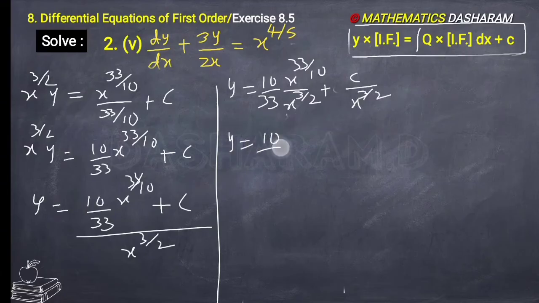Then y equals to 10 by 33, here a to the power of m by a to the power of n formula, that is a to the power of m minus n. So x to the power of 33 by 10 minus 3 by 2.